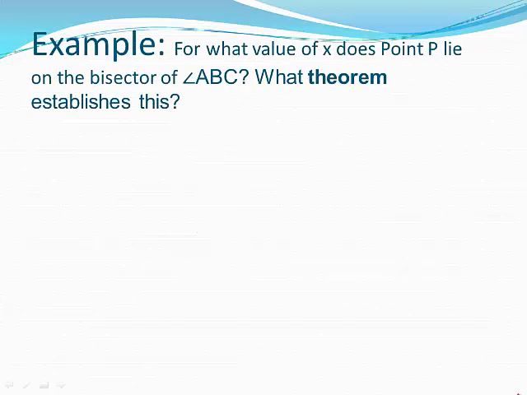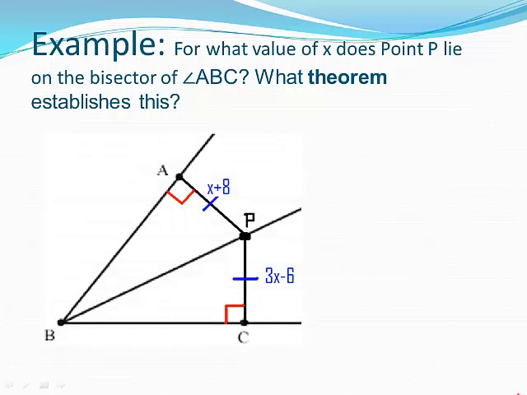Okay, another example: for what value of x does point P lie on the bisector of angle ABC, and what theorem establishes this? Again, we're given that AP's distance is the same as PC's distance, and we know the distances because of the perpendicular segments, the right angles that are created.